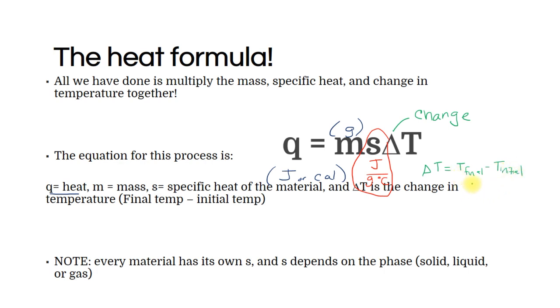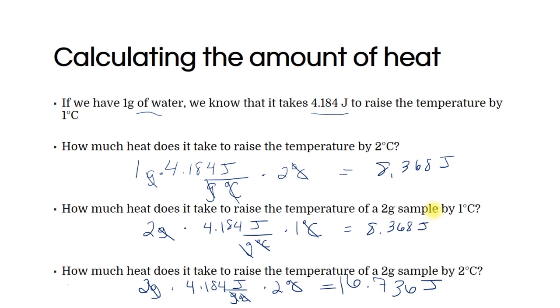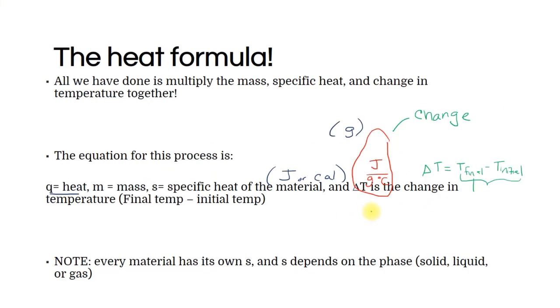Okay, so the last slide here, let me go back. When the last slide says that we are changing the temperature by 1 degree Celsius, that's a delta T. So that means that you've subtracted final minus initial already.